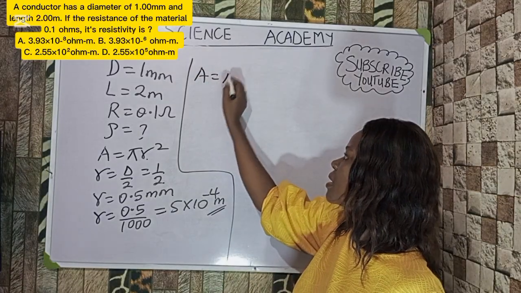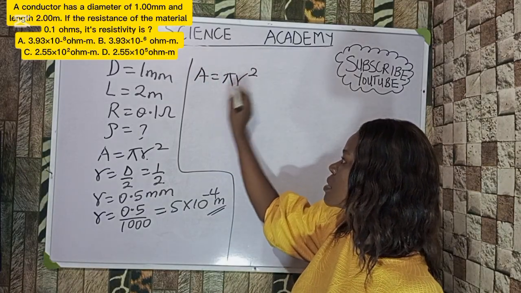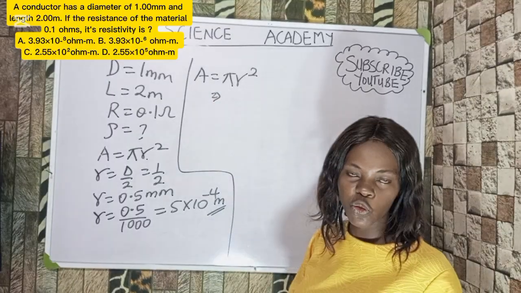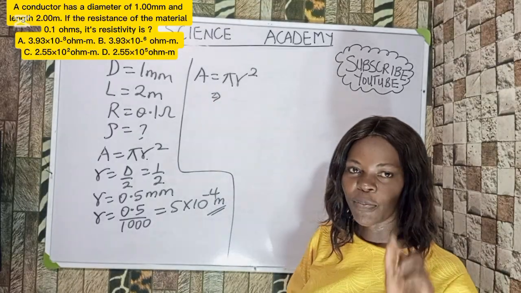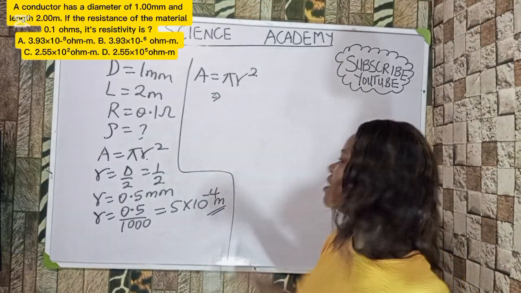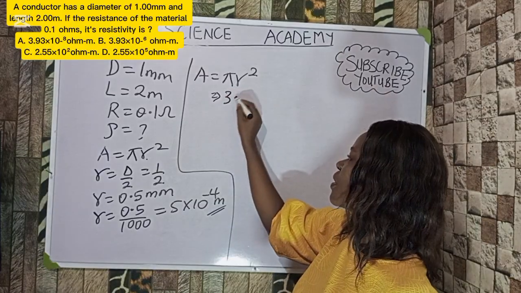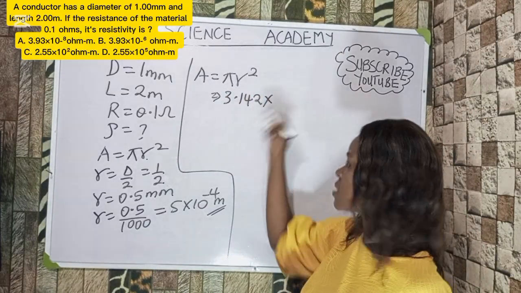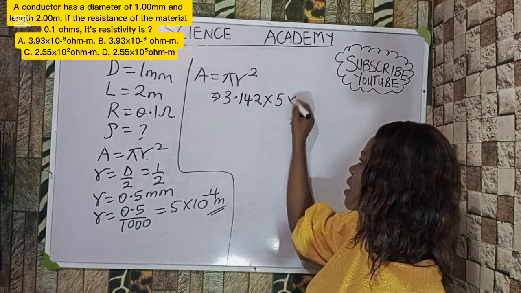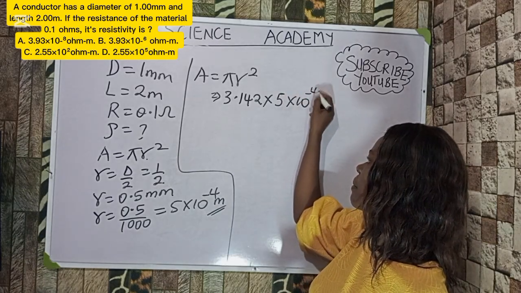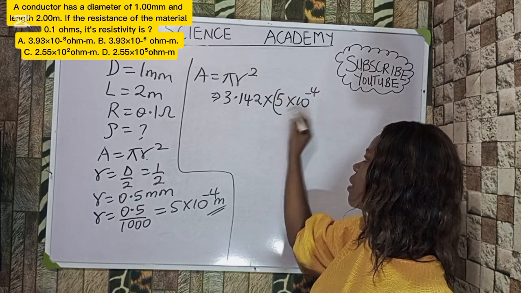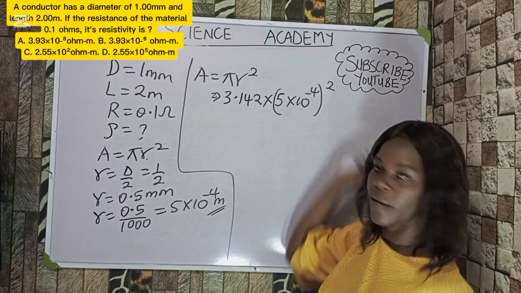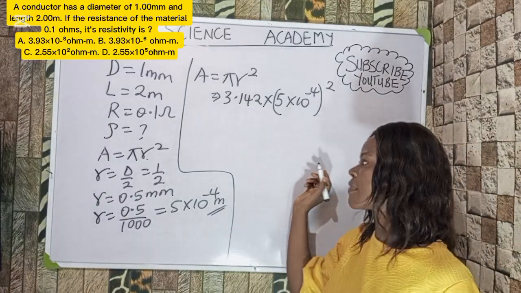So my area A is given as pi r squared. My pi is 22/7 or 3.142. So this is 3.142 times my radius, which is 5 times 10 to the power of minus 4, squared. I hope that is clear.